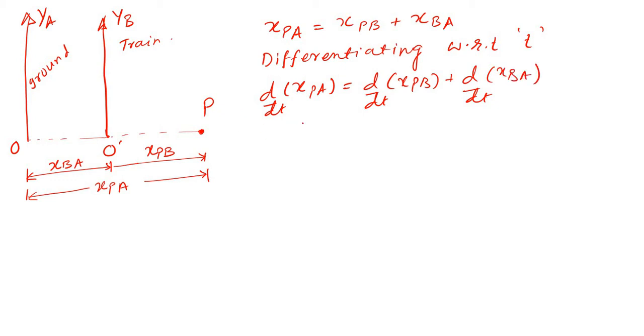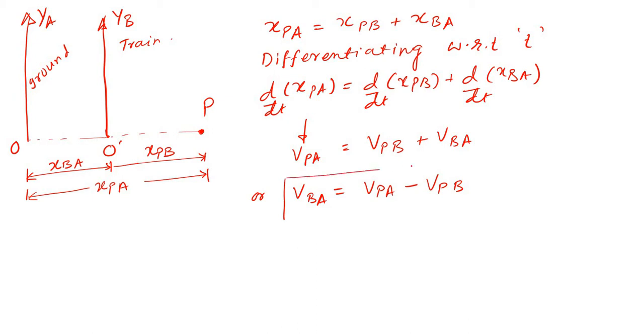Now this is the velocity of P with respect to A, this is the velocity of P with respect to B, and this is the velocity of B with respect to A. In other words, if we simplify, the velocity of B with respect to A is the velocity of P with respect to A minus the velocity of P with respect to B, right? This is how, by observing relative velocity, we can study different aspects.